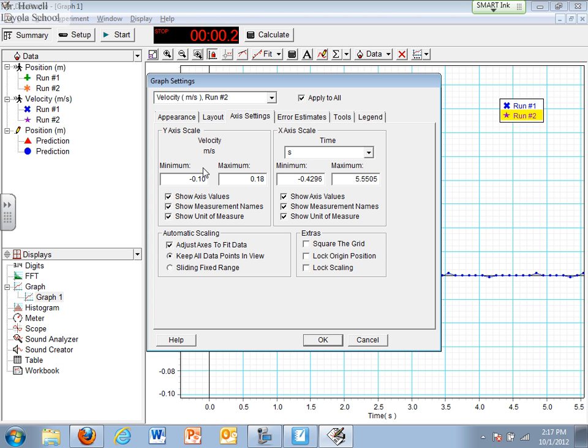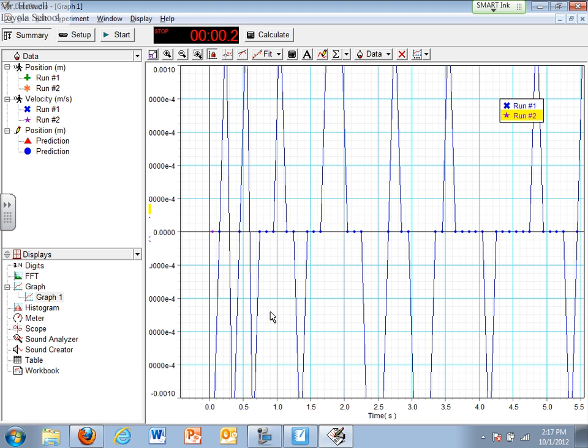How do we change our units? Let's see. Instead of meters, what if we did centimeters per second? There we go.